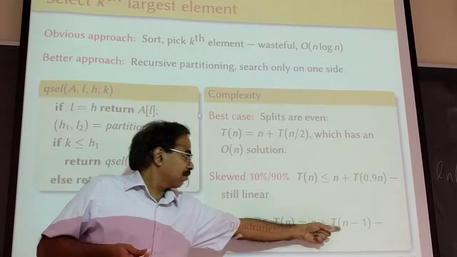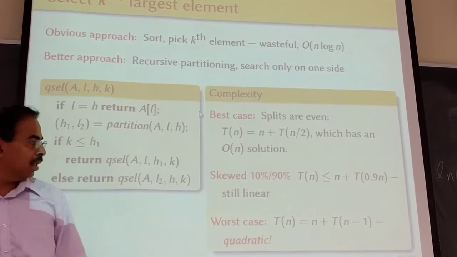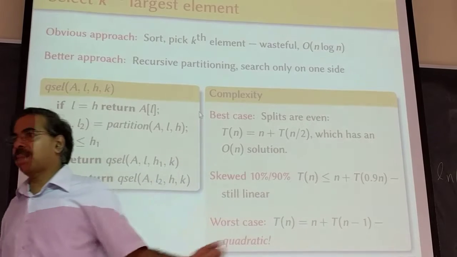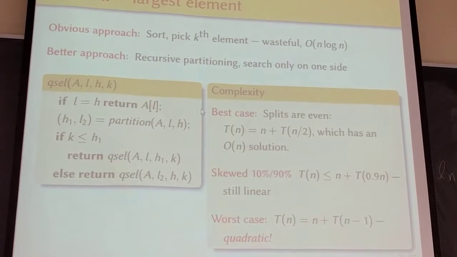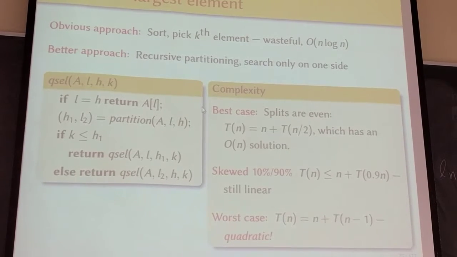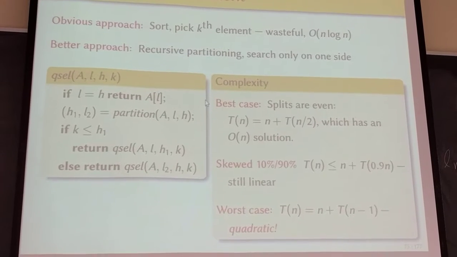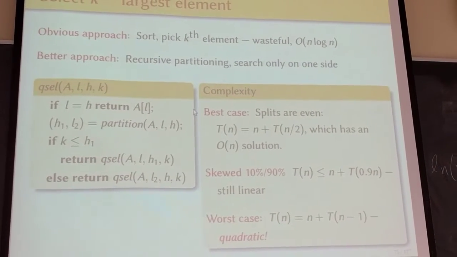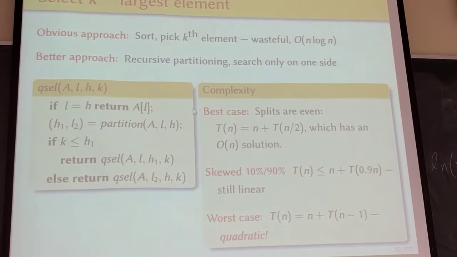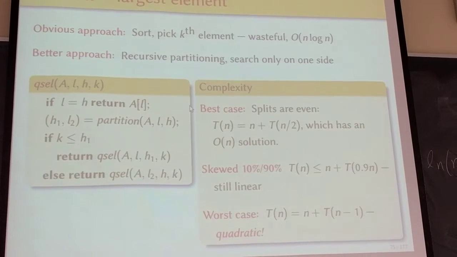But the worst case is, of course, totally unbalanced. You have only one element in one partition and n minus one elements in the other partition. Then you will see that that ends up being quadratic. It's not even n log n, it is quadratic. So if you happen to be extremely unlucky, then you will have a quadratic bound.